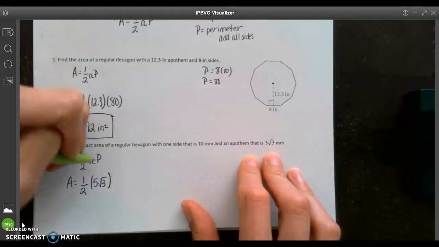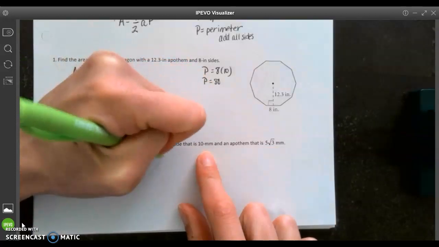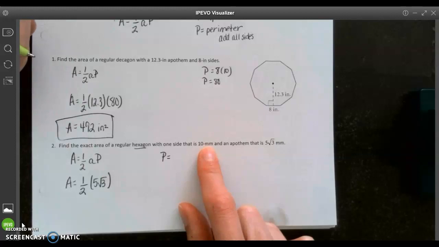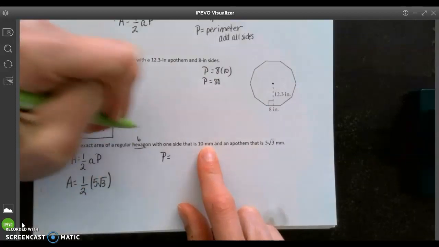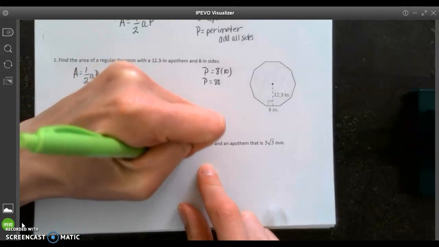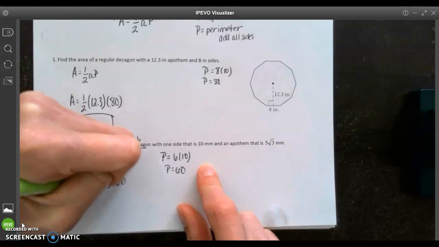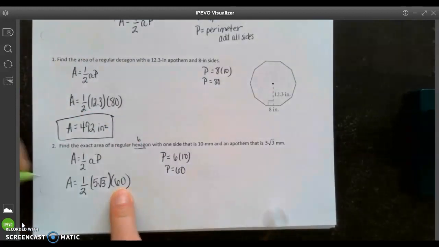And then when we find the perimeter, we know that one side is 10 millimeters and then that we have a hexagon. And so you have to go back and know your vocab for your polygons and know that a hexagon has 6 sides. So we're going to take 6 times 10 to get a perimeter of 60. So we're putting that 60 in here for perimeter.